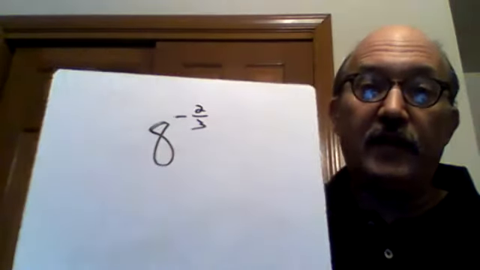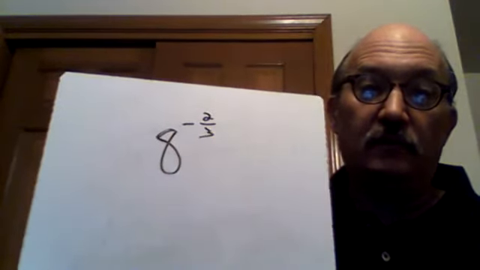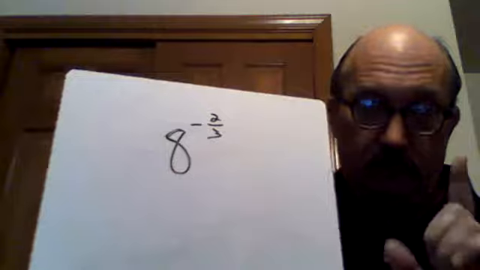So this entire topic is known as rational exponents, rational number exponents. We have to get to the point, for example, just throw a quick one out there for you, where we can handle something like this: 8 raised to the -2/3 power. We can do that, but we're going to hold off on that for the moment.